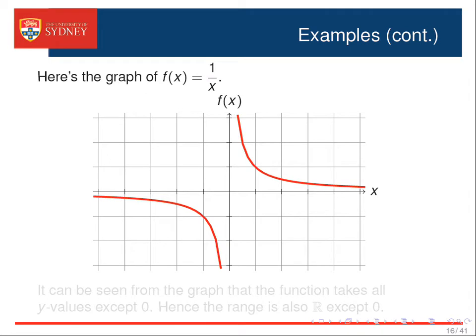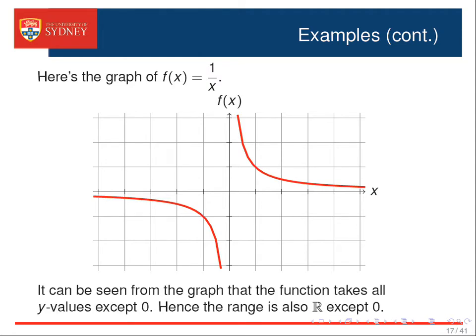Here's the graph of the function, commonly known as the rectangular hyperbola. From the graph, it can be seen that the function takes all y values except 0, so the range, just like the domain, is also the set of all real numbers, not including 0.